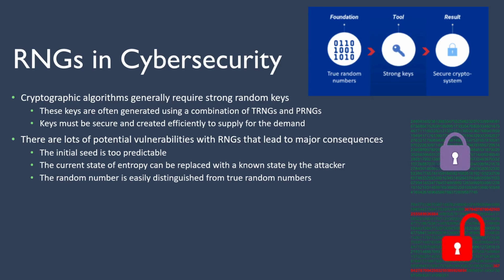Another thing is the current state of entropy, if it can be replaced by another known state by the attacker. So say, for example, you are taking a user input to determine your random numbers. If that can be used by the attacker to replace the entropy that's in there with something that they know, then like if they know the initial seed, they can then simulate every single random number from then on out.